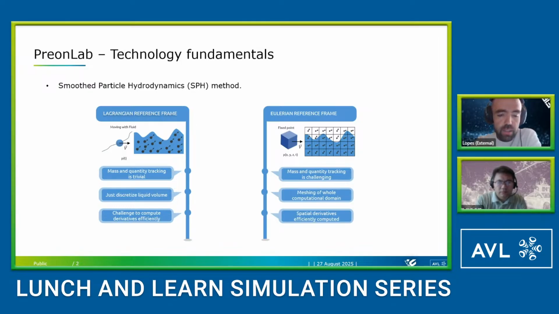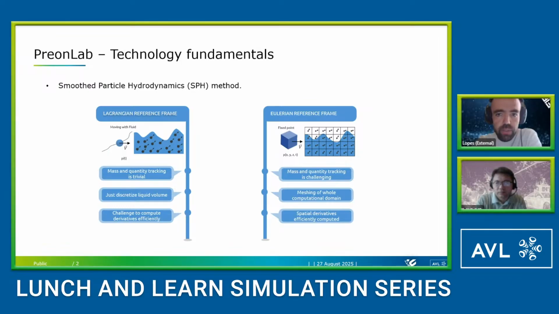The fluid is rather discretized into particles, and these particles are carrying the physical quantities of mass, pressure, and velocity. And then we apply the same governing equations of fluid flow, the mass and momentum conservation, to the particles themselves. And these particles are all interacting with their neighboring particles.